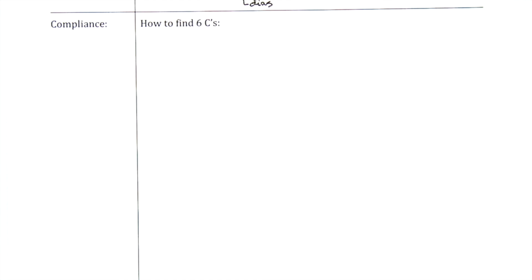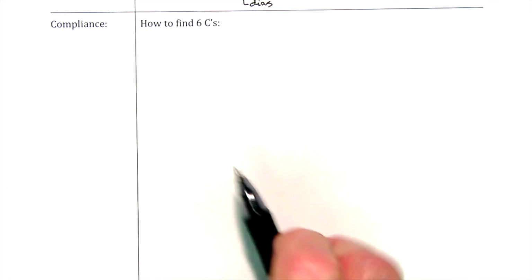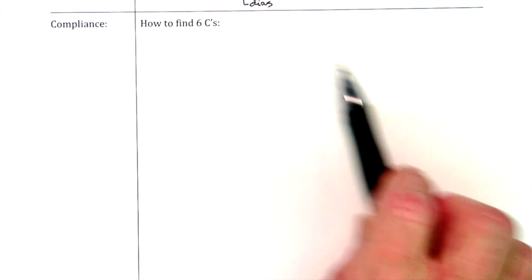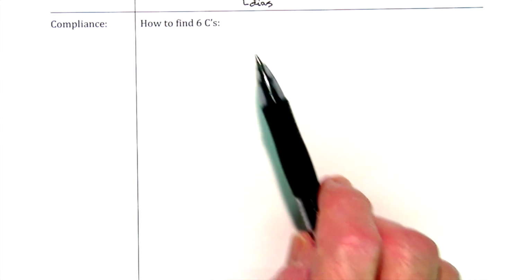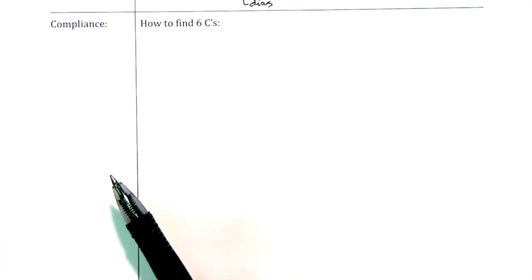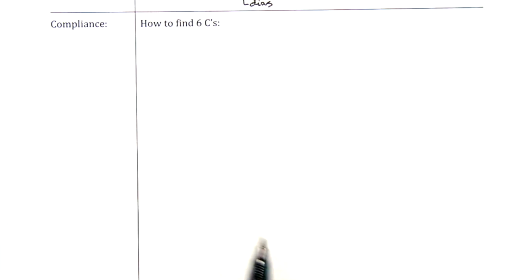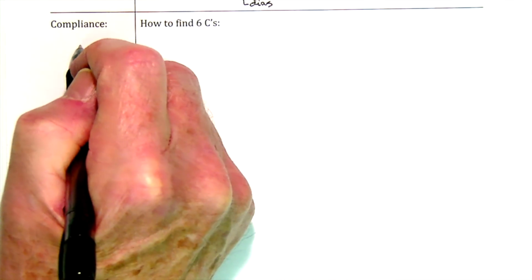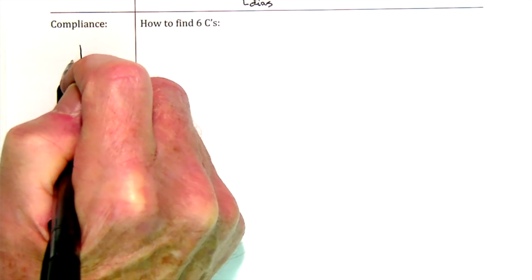Now let's turn to the bottom of the first worksheet. In this area right here, we're going to enter equations that will allow us to find all 6 of the compliances that are needed for the major project. The equation that we will use is one we've seen before, and that's the compliance equation.